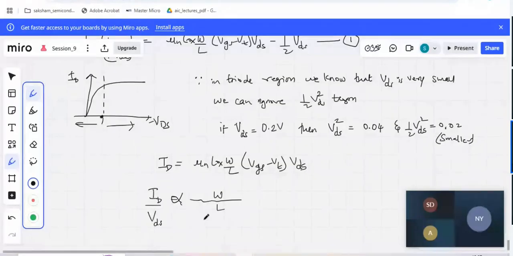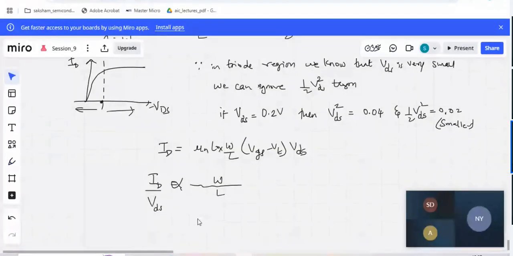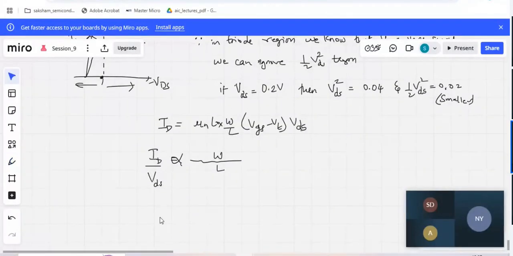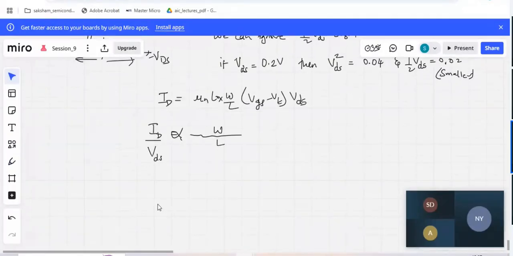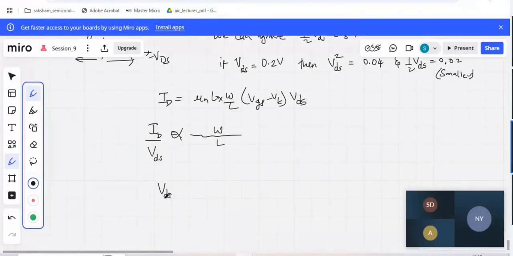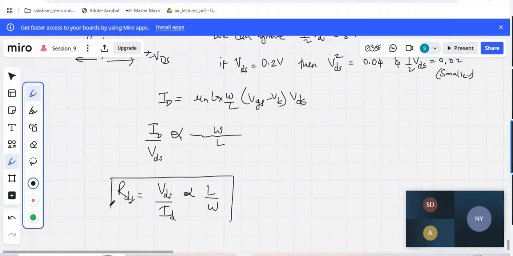But ultimately, what do I require? I require VDS by ID because I need to find the resistance. So VDS by ID would be nothing but L by W over the mu n C ox term. So I can say my RDS, which is the resistance in the triode region, has a dependency on the length. So basically the intent is R is proportional to L. That is what I want to say.